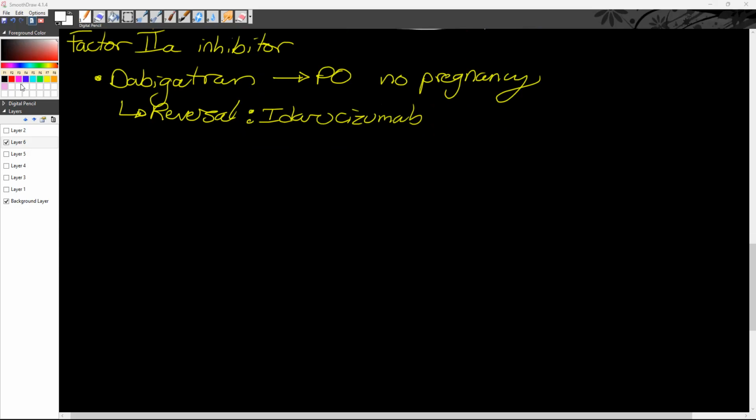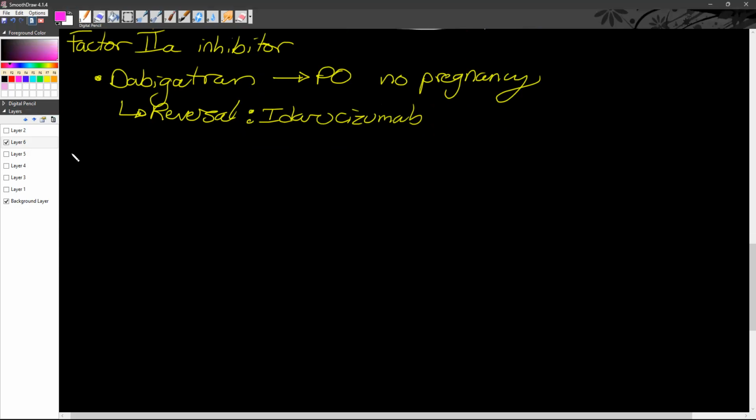So let's talk about the most complicated one, which is warfarin. Warfarin is a vitamin K antagonist. Specifically, what it's doing is working on the enzyme that enables certain coagulation factors to be synthesized.